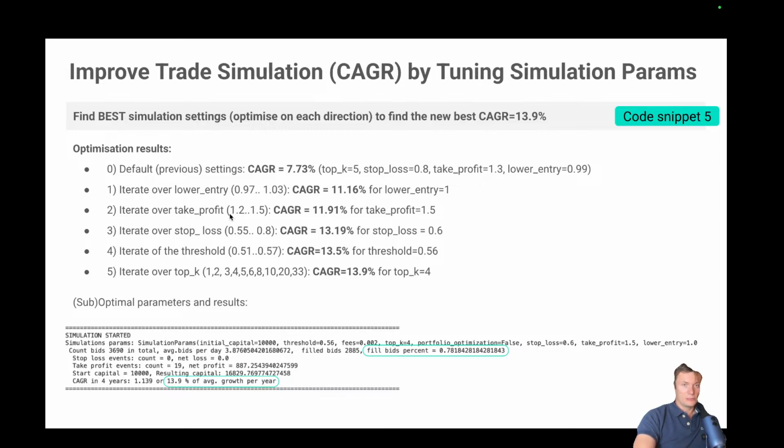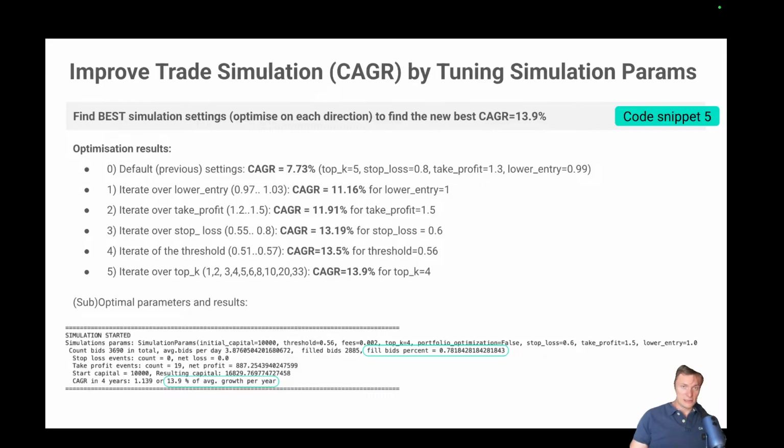Then I optimized on take profit, so I tried to do it from 1.2 to 1.5. And again, the unexpected moment for me was that it actually says you need to select the highest take profit, 1.5, or maybe you could try 1.6 as well.